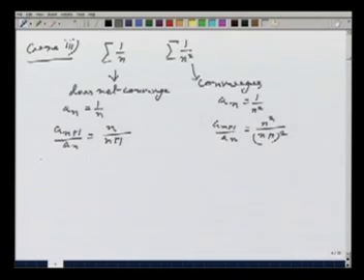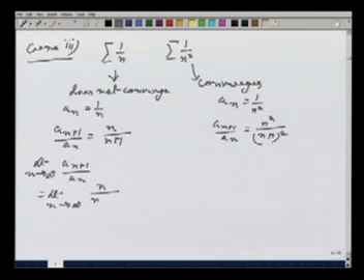So what is then limit n going to infinity of an plus 1 divided by an? This is same as limit n going to infinity n by n plus 1, that is limit n going to infinity 1 by 1 plus 1 by n, which is equal to 1.